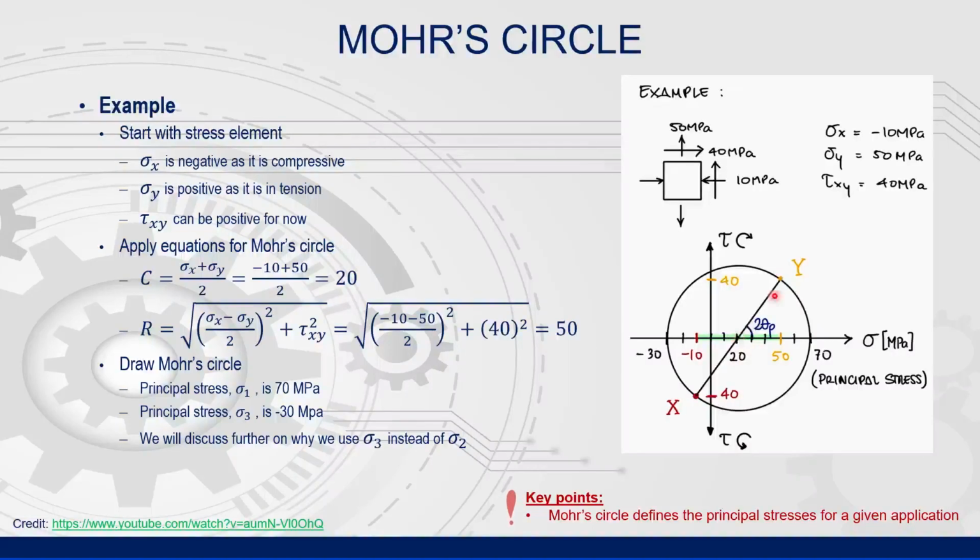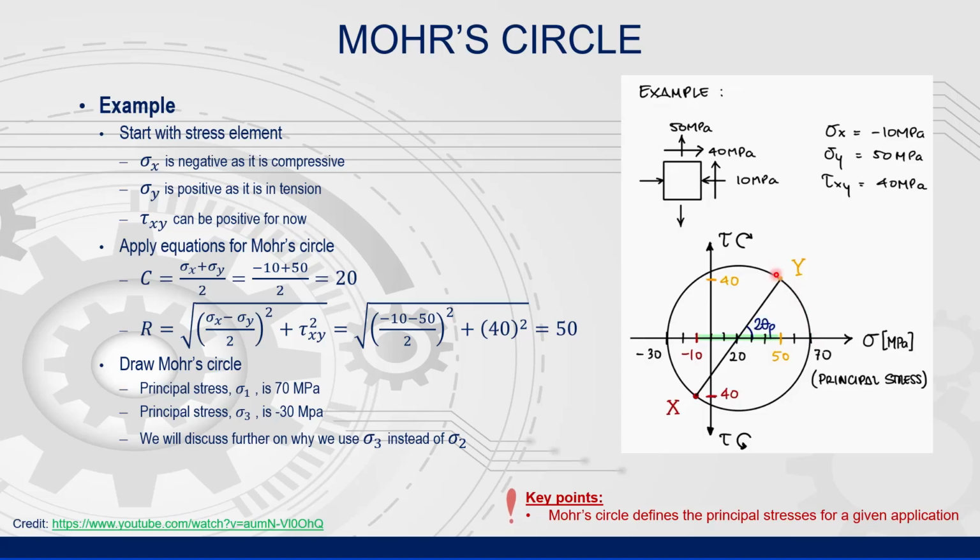The radius of Mohr's circle is equal to the square root of the quantity sigma x minus sigma y over 2 squared plus tau xy squared. With the radius calculated, we can take a compass, set the radius distance, locate the compass at the center of Mohr's circle, and then swing the radius all the way around to create Mohr's circle.